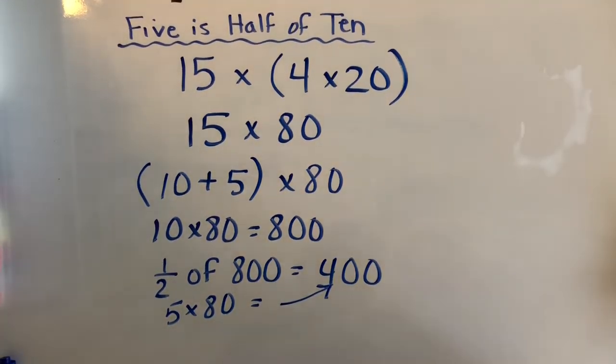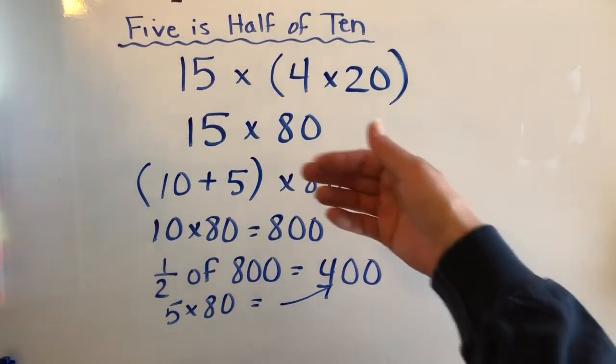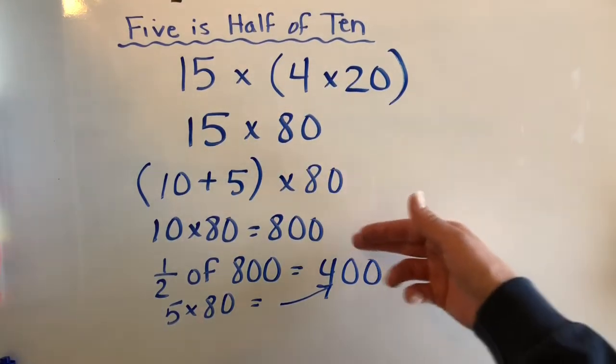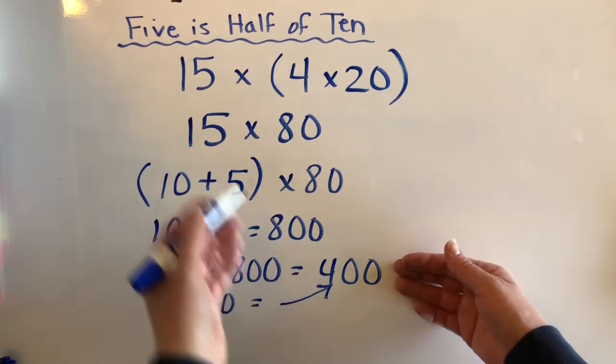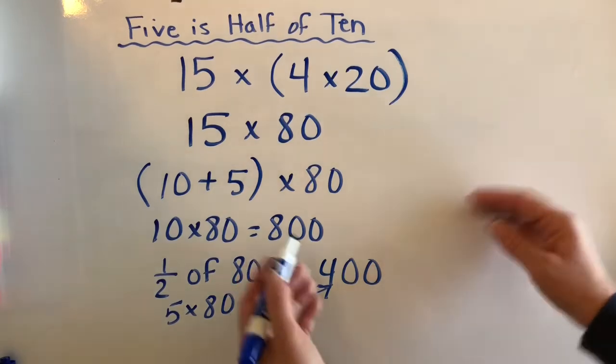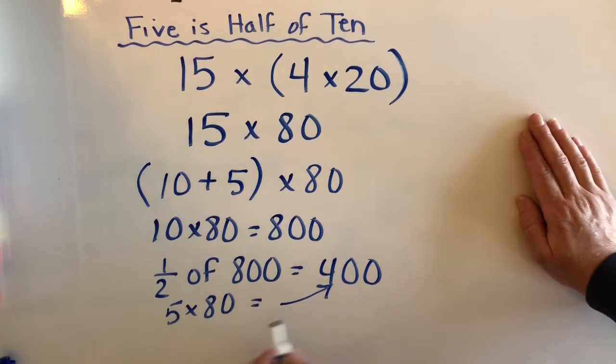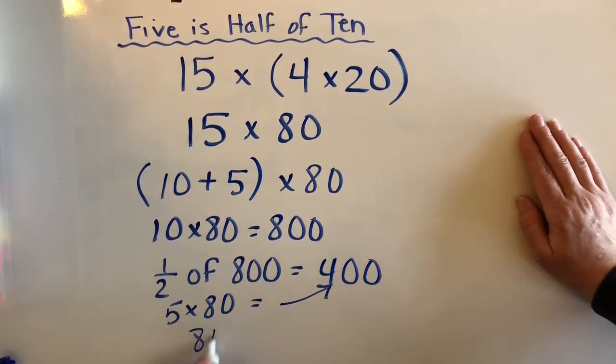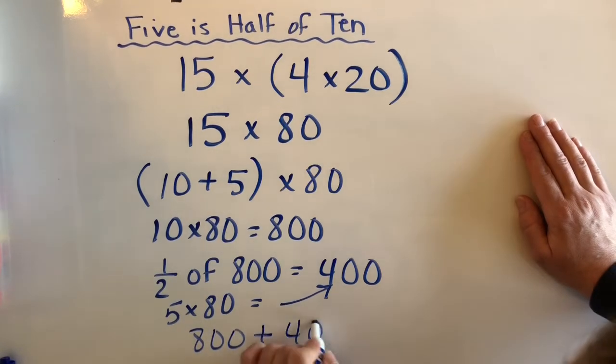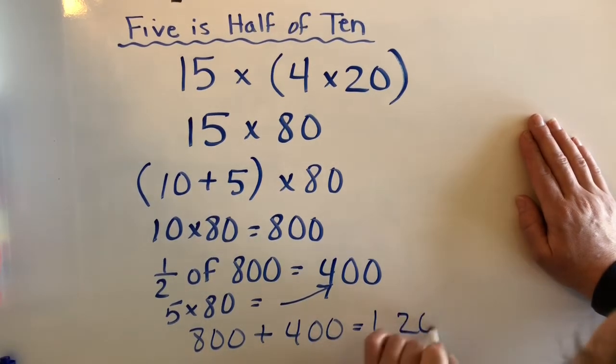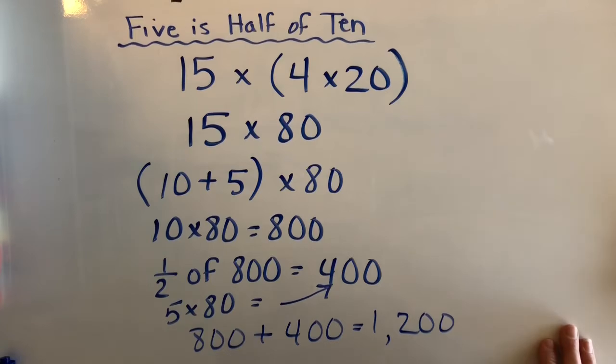So obviously, if I had 800 and then 5 times 80, or half of that, is 400, then 800 plus 400 equals 1200. Hopefully that will be useful to you in the future.